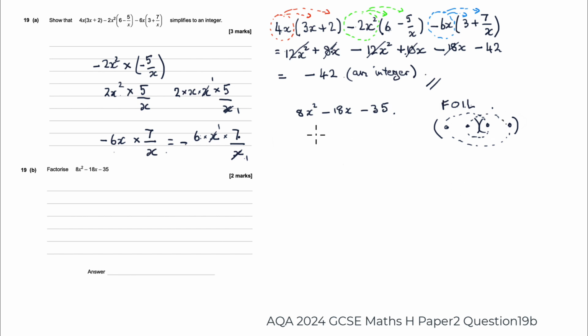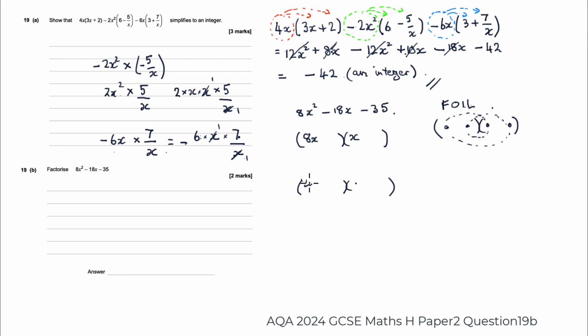Now, in the case of trying to factorise this, there's an awful lot of possibilities. Let's have a look at some of them. For the firsts, we have to get an 8x squared. Now, that could be an 8x and an x. Or there's another possibility for the product of the first 2 terms, giving you 8x squared.